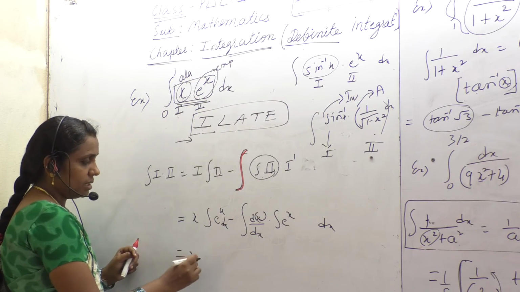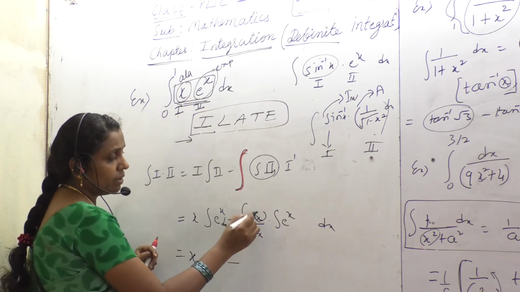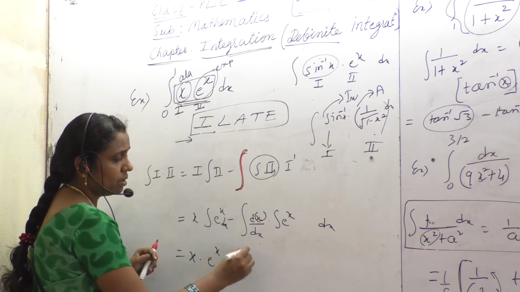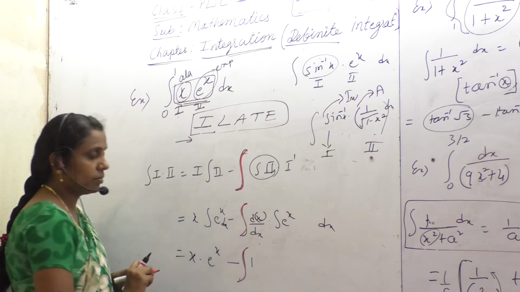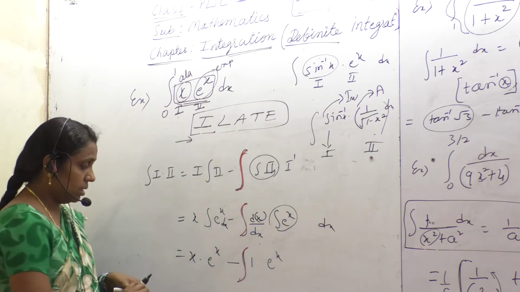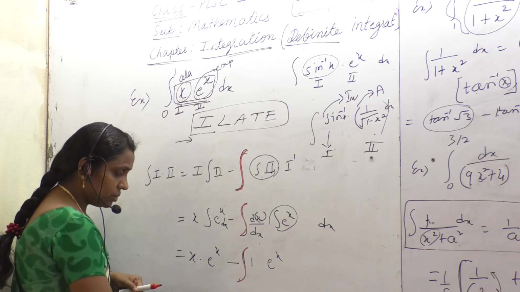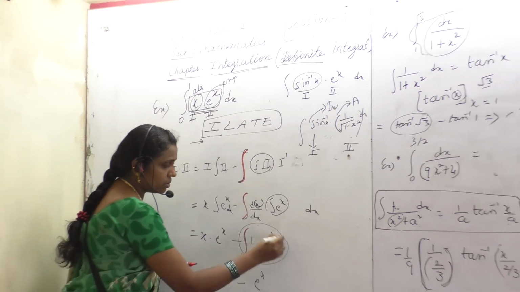Next, x as it is, integration of e raised to x is e raised to x, minus derivative of x with respect to x is 1, with the integration, and integration of e raised to x is e raised to x. Next, x into e raised to x minus e raised to x, integration is e raised to x.